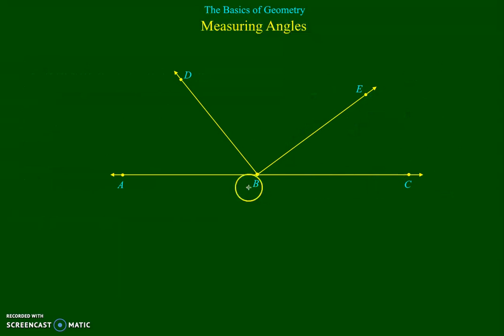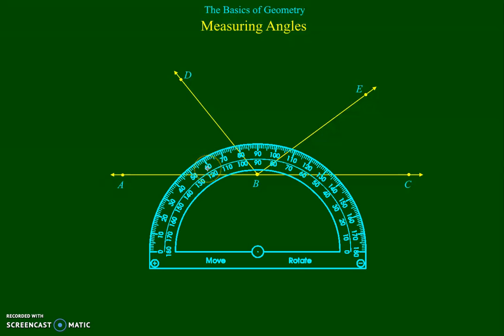In this image, I've drawn several rays that have a common endpoint here, and I want to find the measure of these different angles. You can see we have one on the right, one in the middle, and one on the left. In order to do this, I'm going to pull up my protractor.